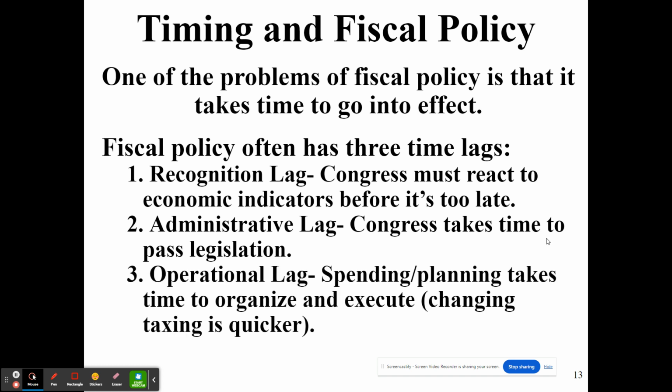And finally, operational lag. It's going to take a long time to get that money into the economy. Maybe a good example of government spending is that trolley going into UCSD. That took about, I want to say, 5 years to build. If you are choosing to build that trolley as a form of government spending to increase aggregate demand, that's going to take 5 years to implement all of that spending. You pay your workers every 2 weeks.